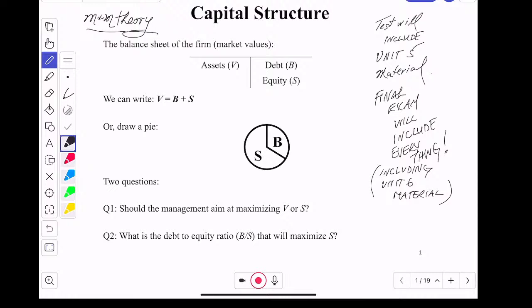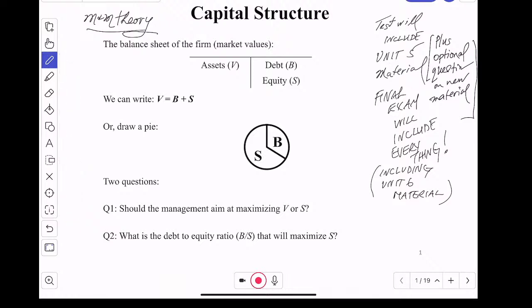I just said that I will add an optional question on the new material for people who do work ahead, and not to waste their time, to reward them for working ahead.